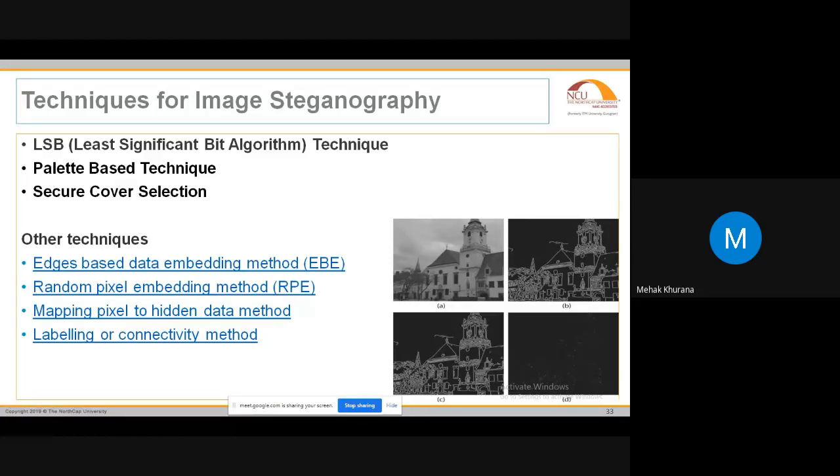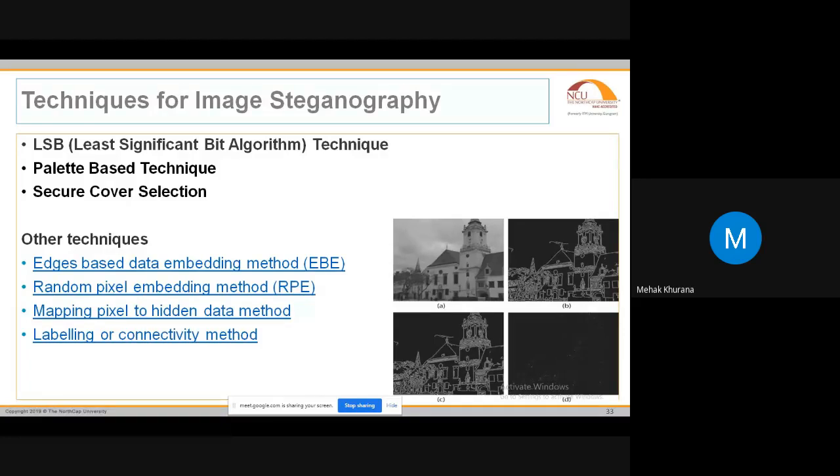It's not necessary that you have to hide inside other places, but we can hide inside the edges also. Edges also provide us the space, because these are the edges which are visible, and we can hide the information inside these edges, which we will not be able to detect, because there will be a small change in the edge which you will not be able to recognize in the actual image.